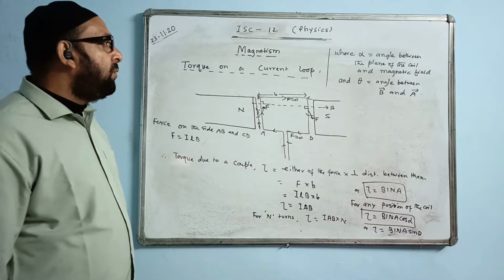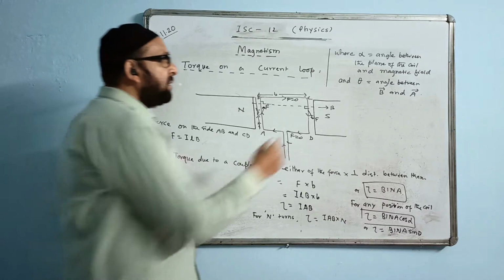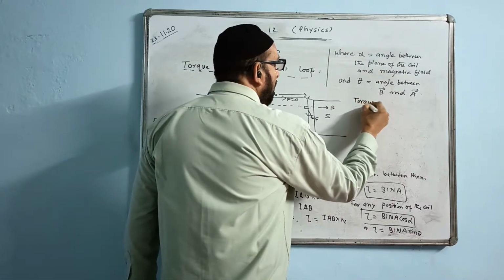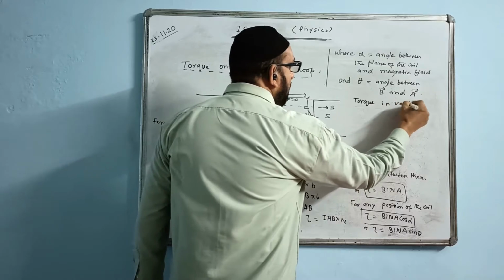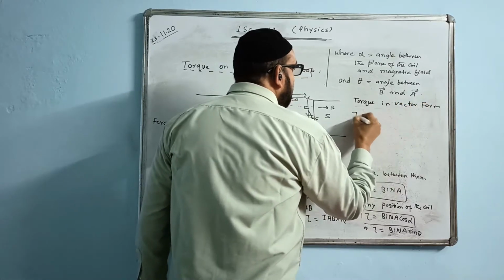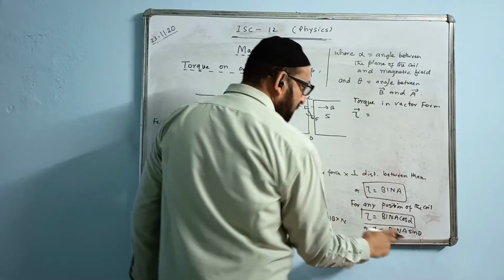Okay, now in terms of vector we write it like this. Torque in vector form will be written as torque equals B cross A, since sin theta is there.